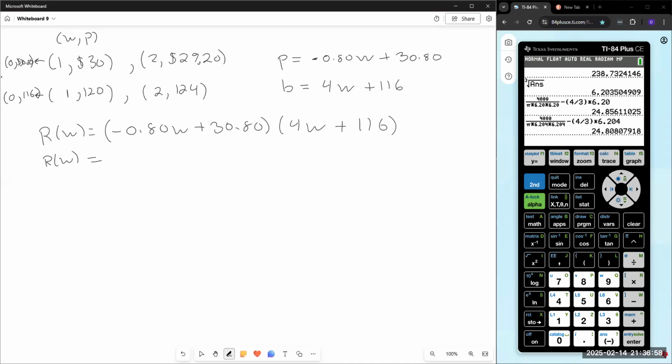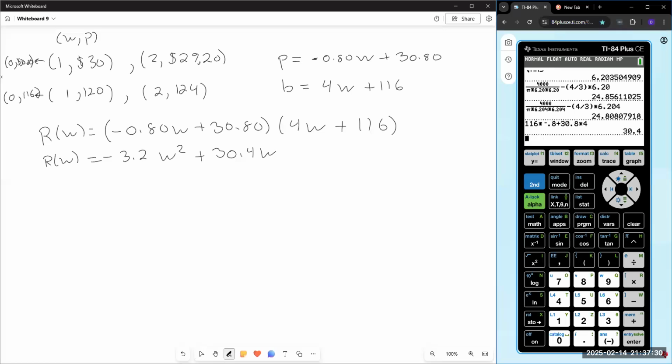is equal to negative 3.2 W squared plus 30.4 W. That is 116 times negative 0.8 plus 30.8 times 4 is 30.4.